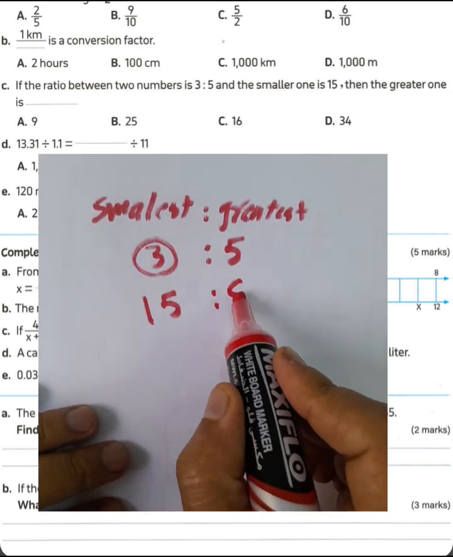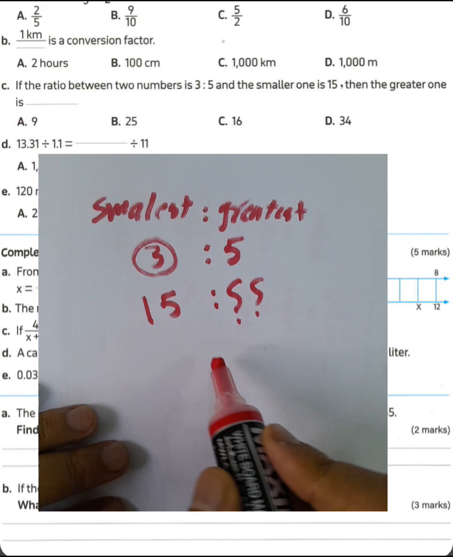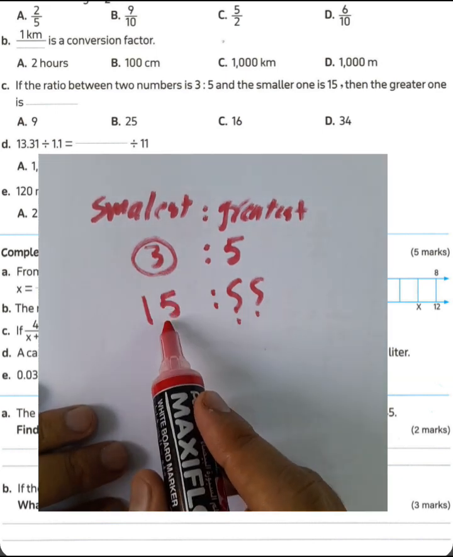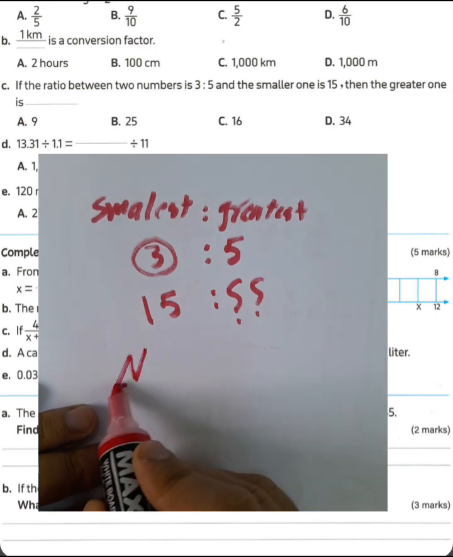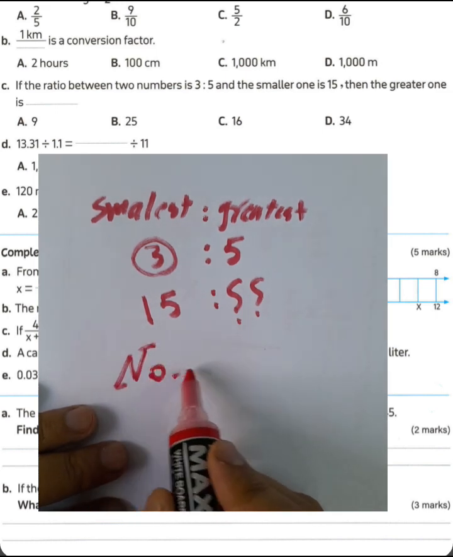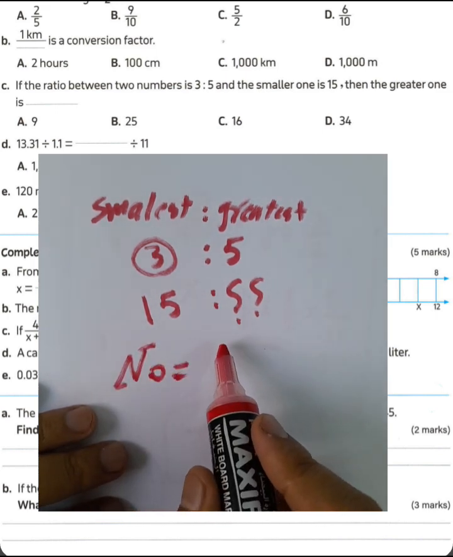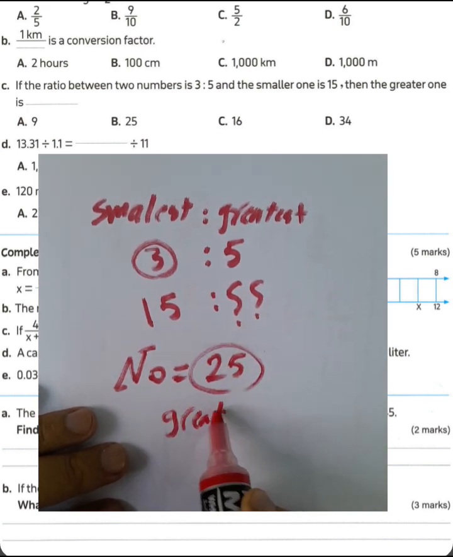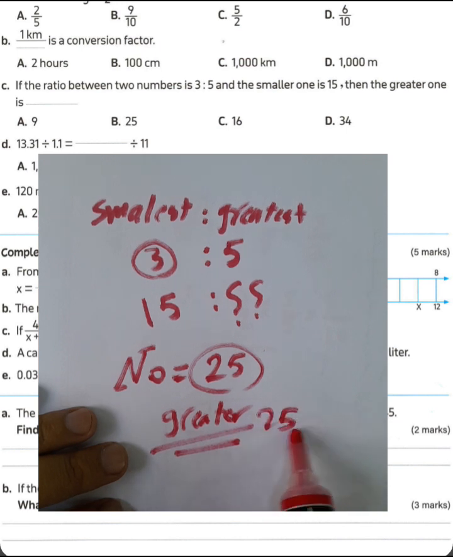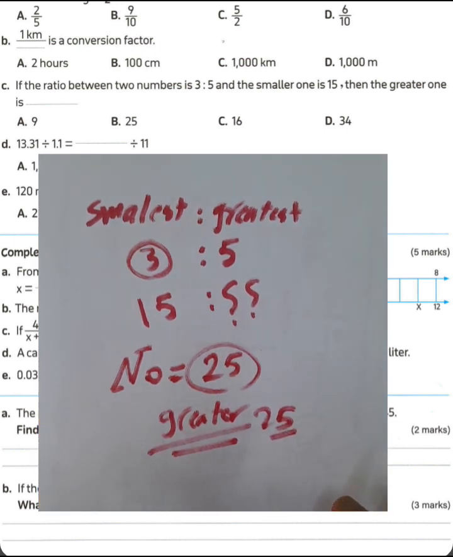Then we want to find the greatest. 3 times 5 equals 15, then 5 times 5 equals 25. The greatest will be 25. Choose letter B for question letter C.